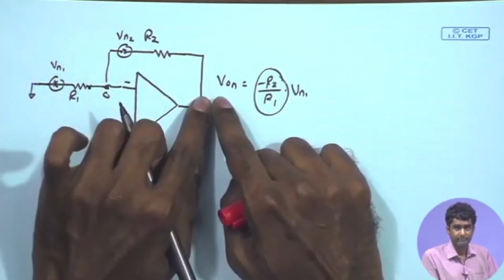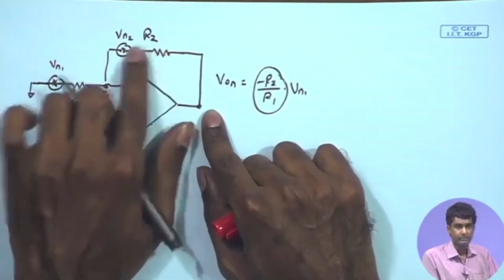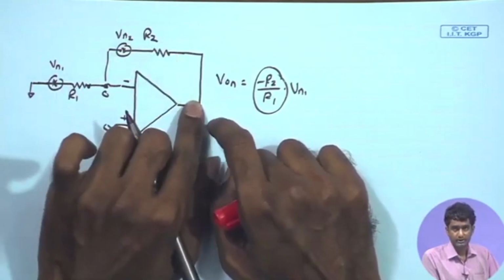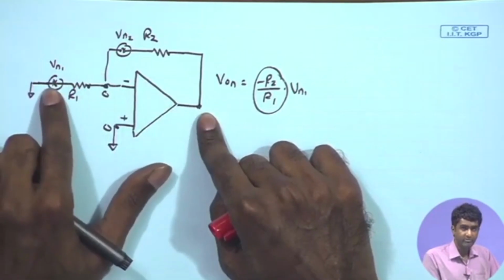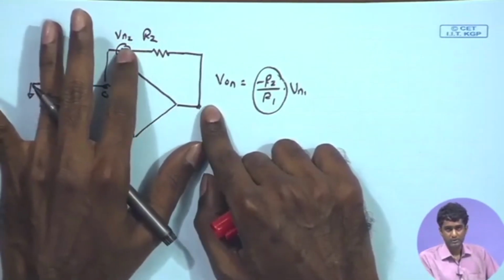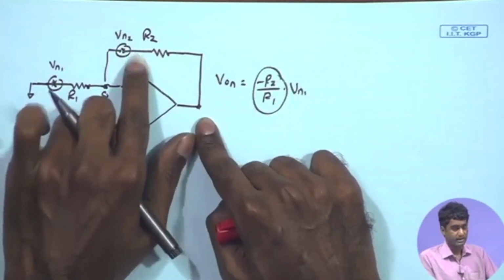The signal is getting amplified by the factor R2 by R1, but the noise contributed by the feedback resistor R2 is not getting amplified. So, this amplifier will amplify the input signal and VN1 by the amplifier gain, but not the noise contributed by R2. Therefore, the signal to noise ratio will not be distorted significantly by the noise contributed by R2.